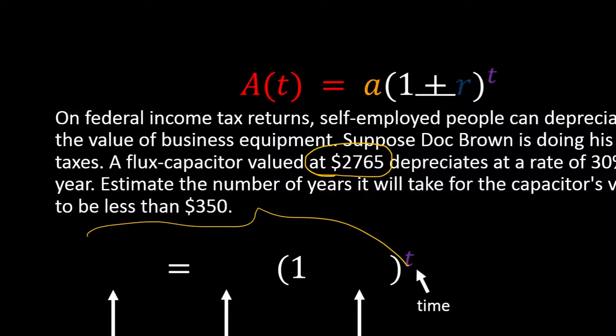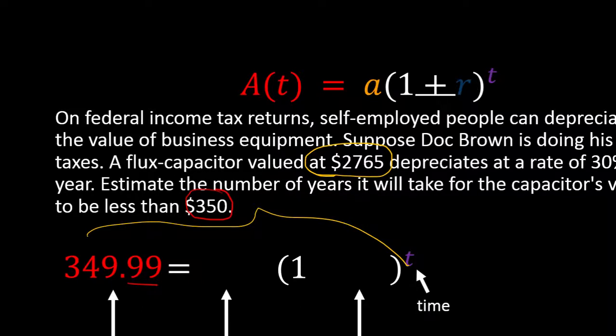Alright, so continuing on. Reading this, I see that they tell me we want to know when the capacitor's value is going to be less than $350. So to me that means as soon as it's worth just 1 penny less, that's when we clock our time.